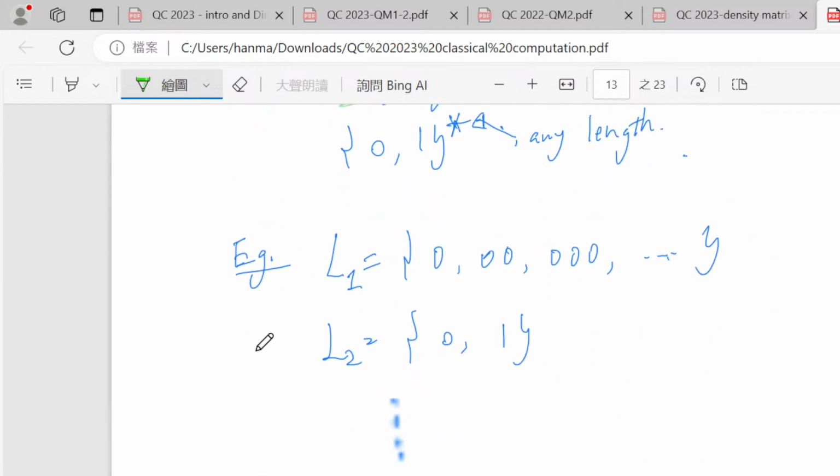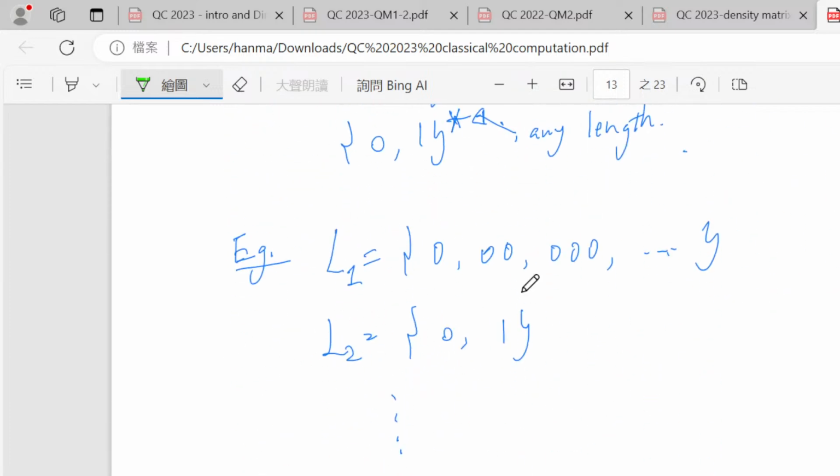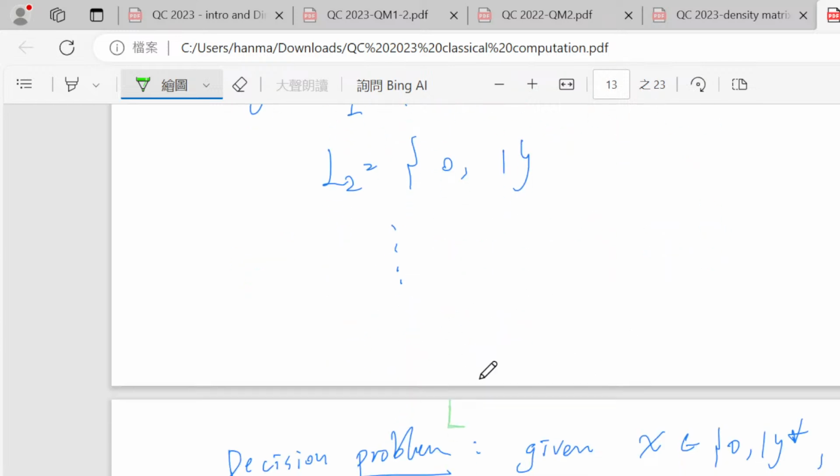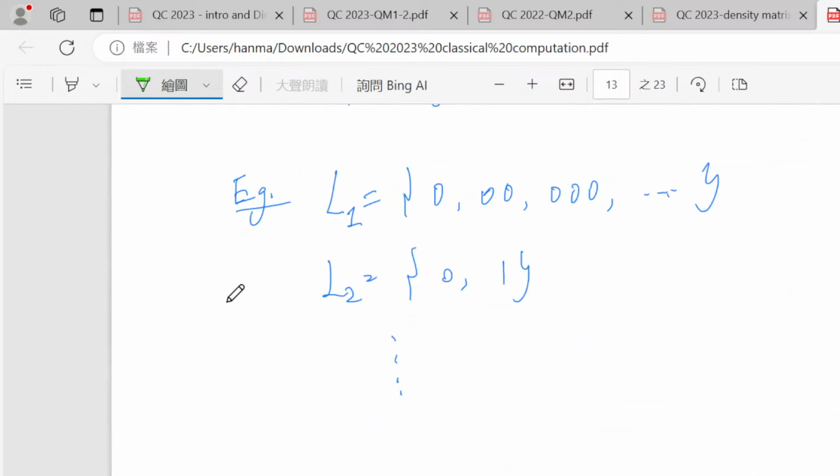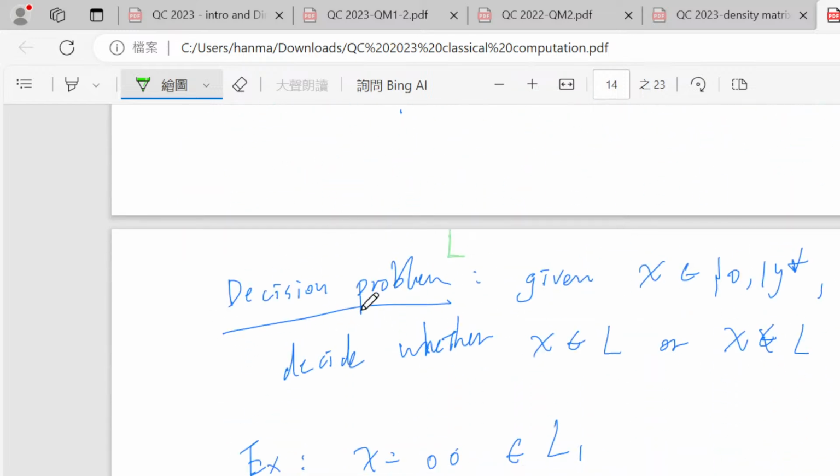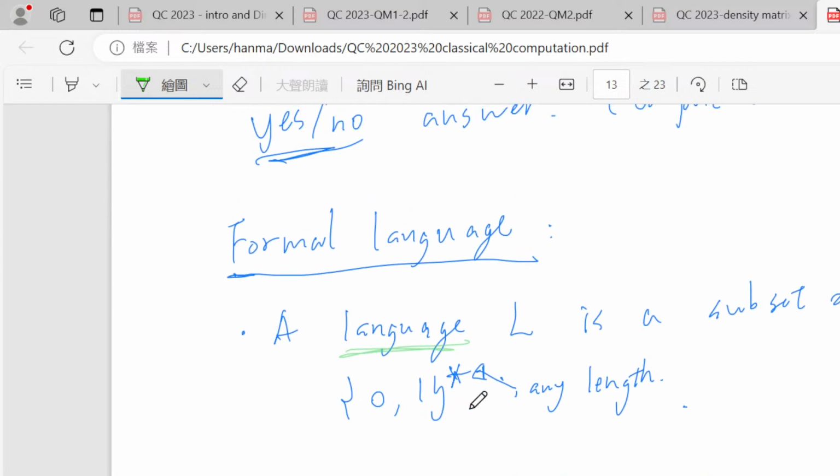The language can be finite or infinite. Maybe you have a finite language that just has a 0 and a 1, etc. What we want to talk about is decision problems. The interesting thing here, when describing the asymptotics, is that this language can be an infinite set, and the strings inside the language can have any length.